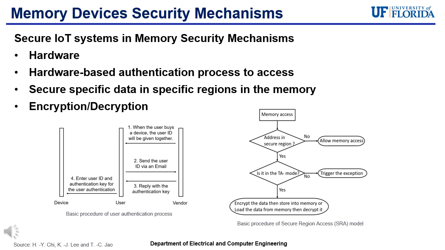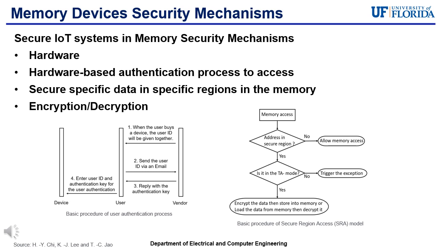When they buy the device from the vendor, they receive a user identification code from the vendor as well. For steps 2 and 3, the user signs in with the ID that they got, and the information that the ID has been signed into gets sent back to the vendor, who verifies the ID and then sends back the authentication key to the user.